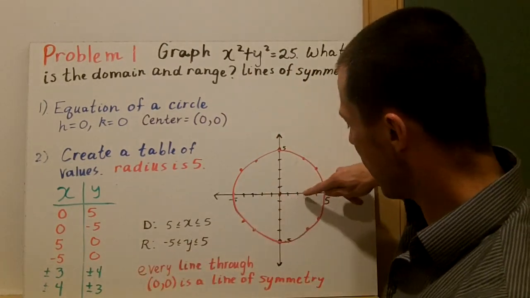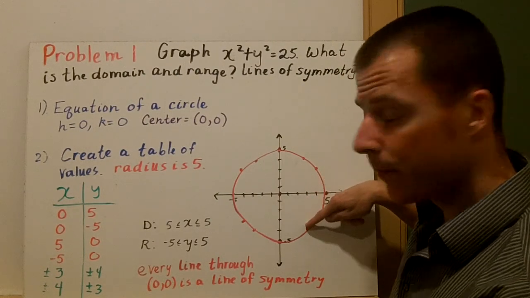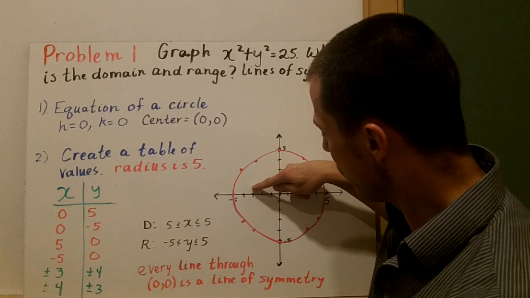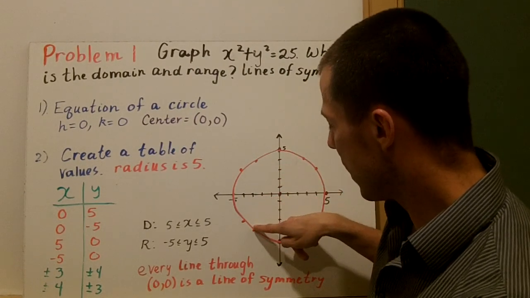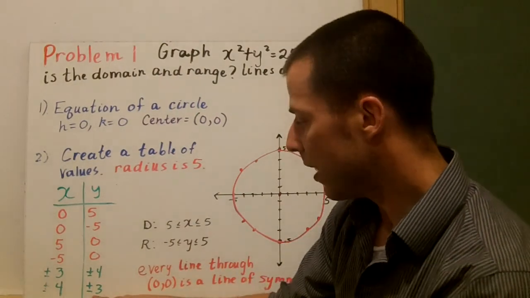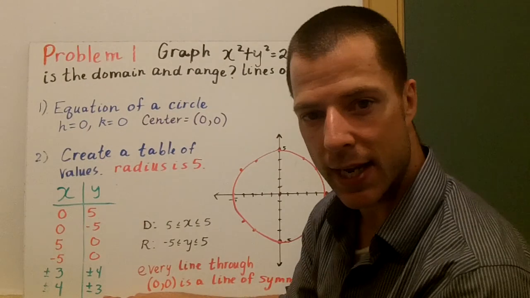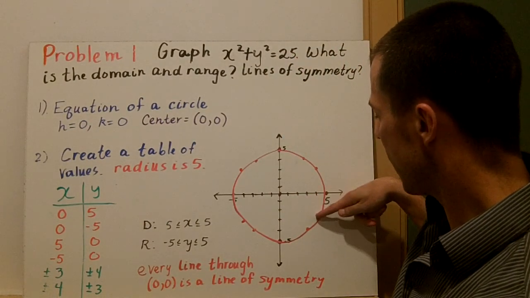So at 3, I plug in 4 and negative 4. At negative 3, I plug in 4 and negative 4 as well. When I plug in positive 4, I get 3 and negative 3. When I plug in negative 4, I get 3 and negative 3. And so I go: (4, 3), (4, -3).